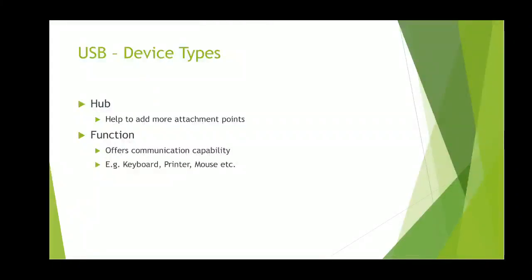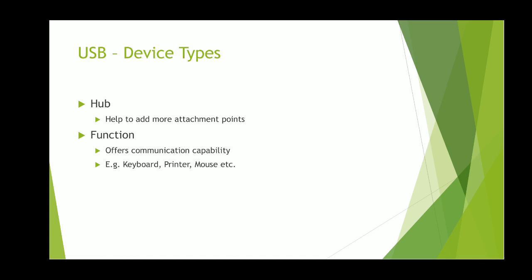There are two types of USB devices. The first one is the USB hub and the second one is the USB function. A USB hub acts like an extension box. We can attach multiple hubs and multiple functions to a USB hub.